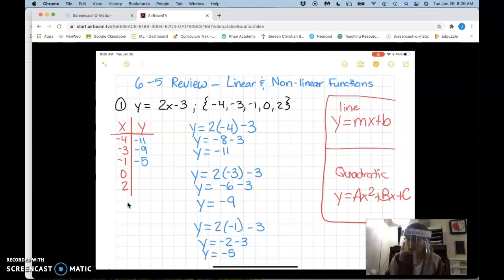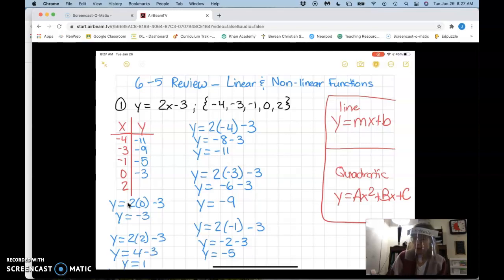And let's go to 0, which is usually the easiest one. And then +2. Okay.